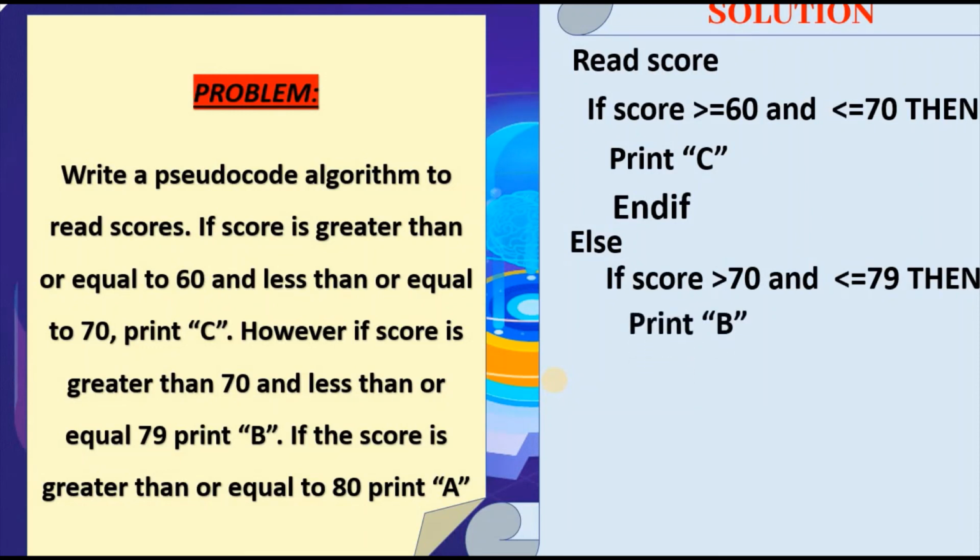Again, this part of the if statement is finished, so we would put our end if to say the second if has been completed and solved, and then finally we would proceed to our third if, again with else to say that we're still proceeding to our next section. So again, the final part says if the score is greater than or equal to 80, then we would print A. If the score is greater than or equal to 80, then what would happen?